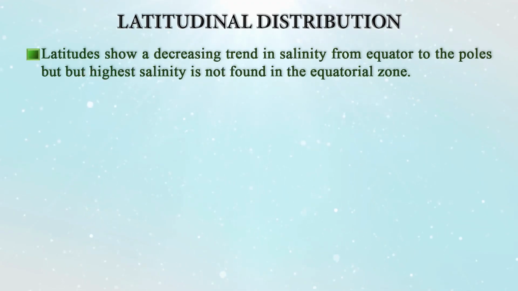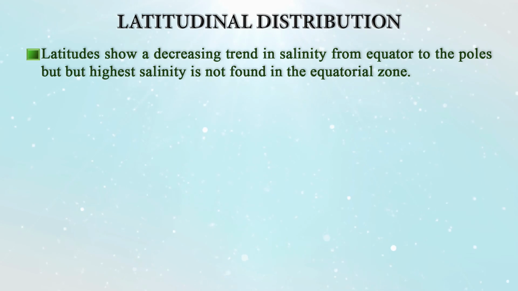Now, coming to the latitudinal distribution of salinity, it has a general trend of decreasing salinity from the equator towards the poles. But let us reason out, will the equatorial region be the region of highest salinity? No, because equatorial regions also have a high amount of precipitation. So, in equatorial areas, precipitation exceeds the evaporation rate.